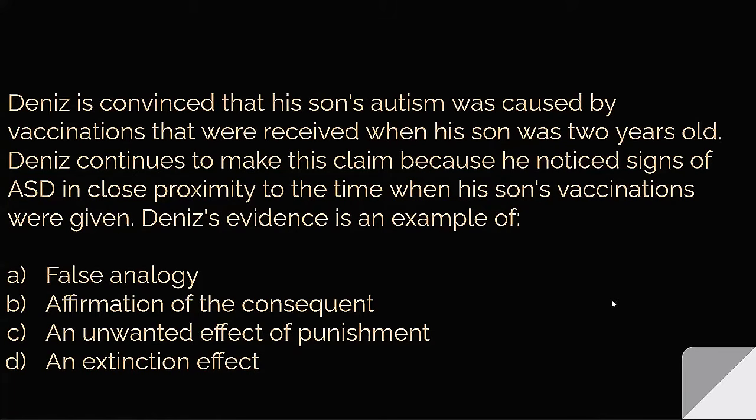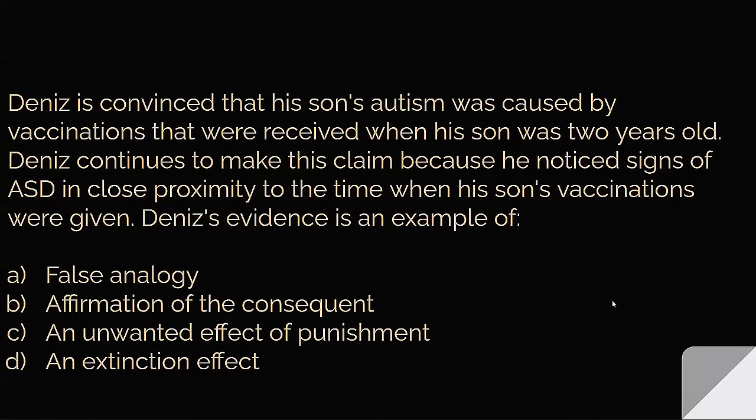A false analogy, let's start there. All right, so the analogy doesn't work. That's what a false analogy is: you're saying two things are alike, but that's false. You're picking out something that isn't alike. Okay, so that could be, but I don't see exactly the analogy.